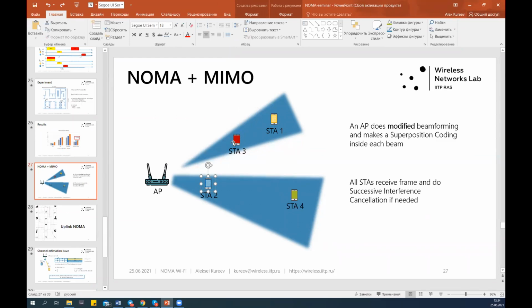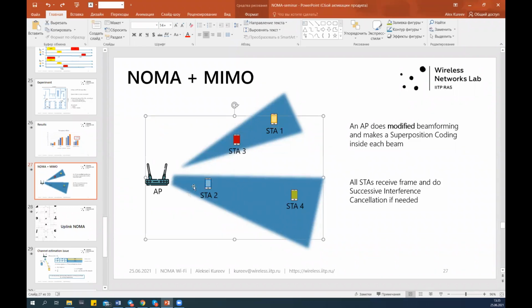Here we can achieve very high gains because of the construction of precoding. We can use zero forcing, and using zero forcing, we can beat the interference between these two streams. If we use NOMA in several streams, the task becomes more complicated, because transmitting data in several streams, you can cancel interference between two devices, for example, STA2 and STA3, but there can be high interference between STA1 and STA4.